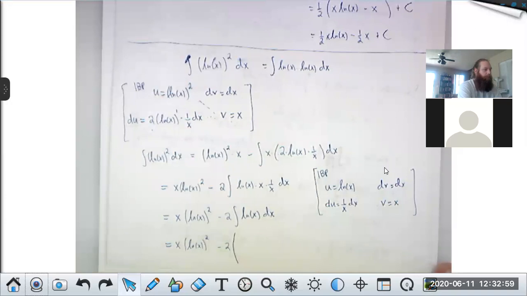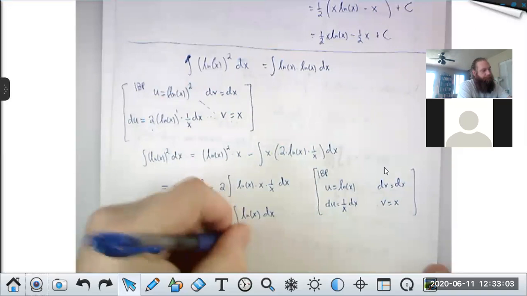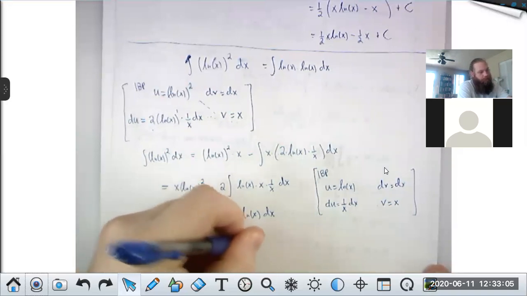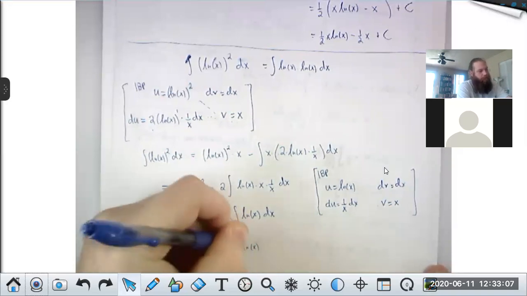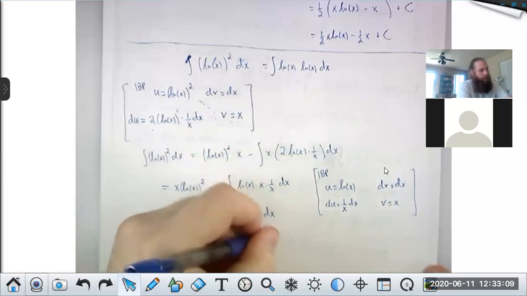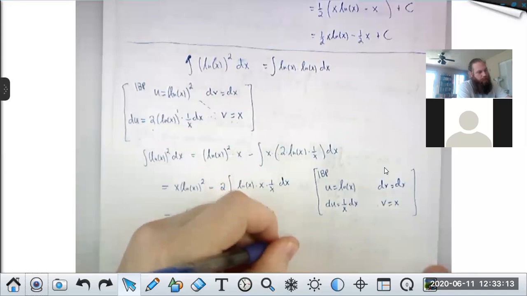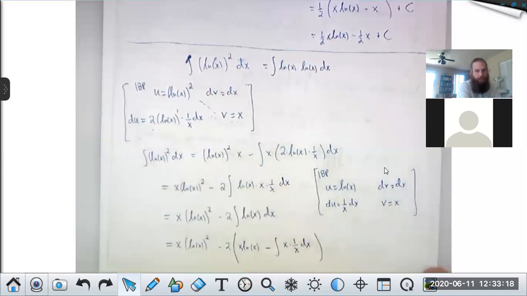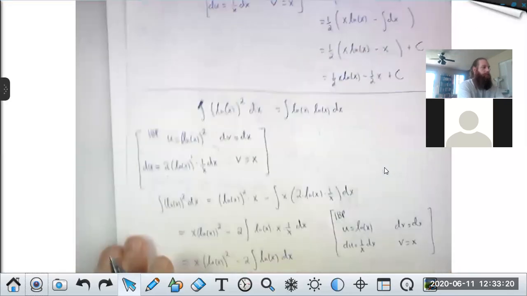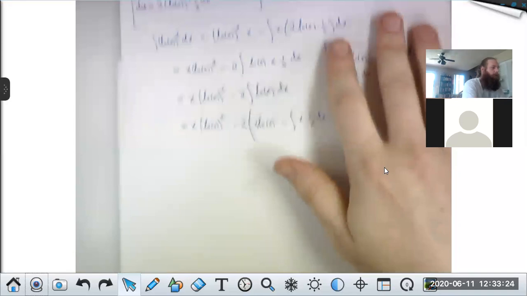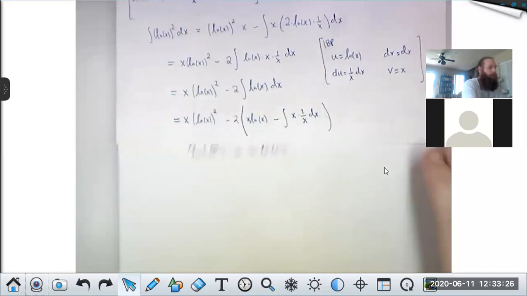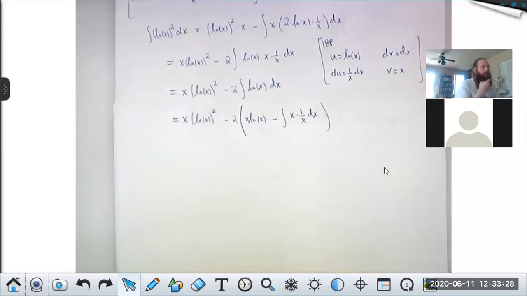Minus 2, big parentheses, so it's uv, so it's x times ln of x. Minus the integral of u dv. So ln, no, hold on. v du, not u dv. Yeah, that's minus integral v du.